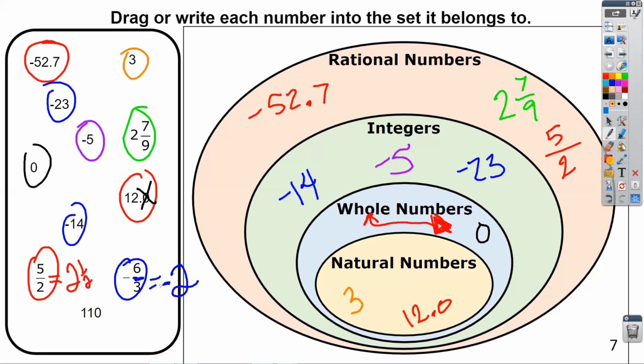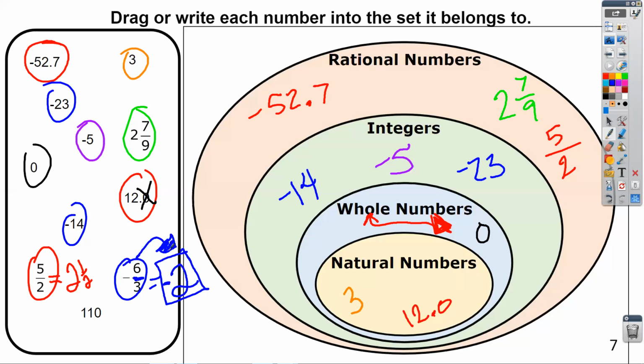Now, even though it's written as a fraction, notice it simplifies to something that's not a fraction. So negative 2, where would that fall? Good, that would actually fall in the integers because negative 2 is whole and it's negative, which means integers. Even though it's written as a fraction, like I said, it simplifies down.